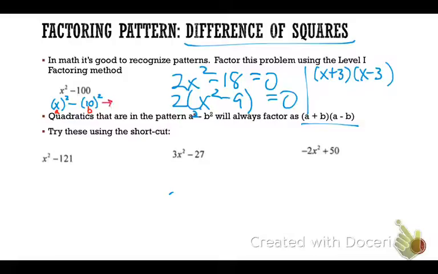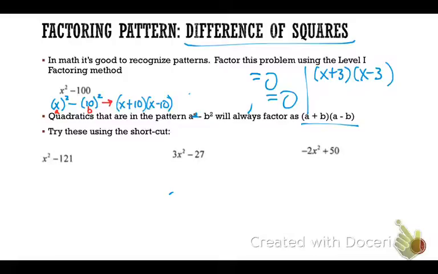So following the pattern, this is going to factor as our a, or x, plus our b, or 10, and then x minus 10. So all you have to do is figure out if you have a difference of squares pattern, and then what's being squared.